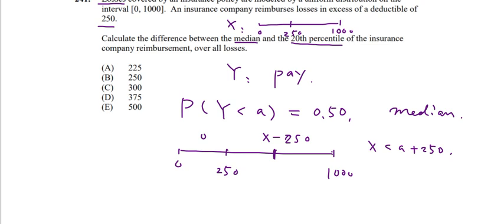This cutoff point has half probability, 50%. We know this cutoff point, so a plus 250 should equal 500, right? So we find this a equals 250. Okay. So then what is 20%?